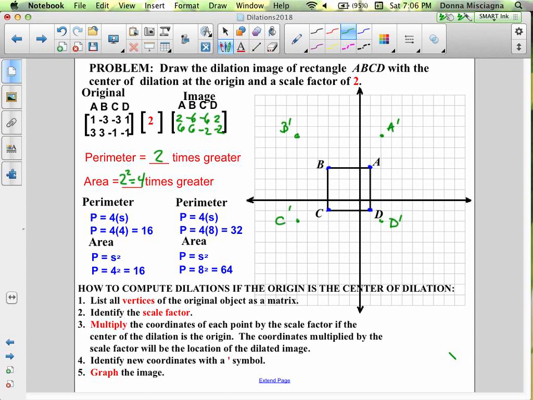Right, so all the distances are twice as far, which means our perimeter is twice as much. All right, there we go, there's our image. All right, but you might wonder why the area isn't twice as much, but it's 4 times as much. Well, think about how you find area, right?